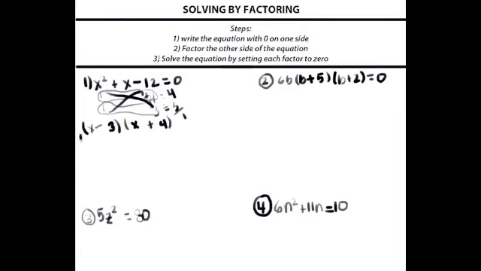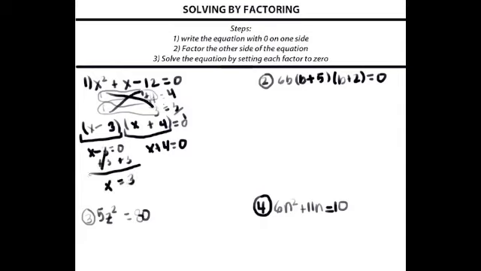This guy's a factor, and this guy's a factor, and so we set them each equal to 0 and we solve. For the first one, I add 3 to both sides. Cancel. x equals 3. So one of my answers is x equals 3.